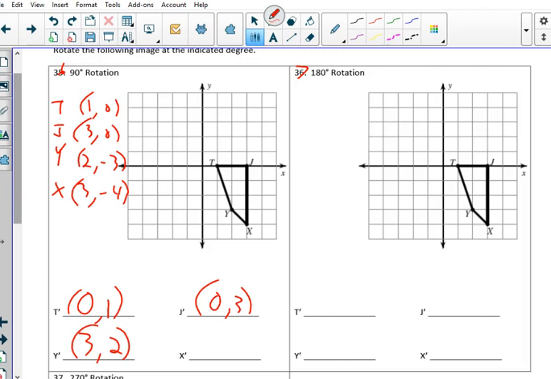So if you look at X, negative 4 is going to move to the front, but become positive, and the 3 is just going to move over here: 4, 3. So then we have 0, 1, T prime, and 0, 3, J prime, and X is going to be at 4, 3, X prime, and Y is at 3, 2, Y prime.